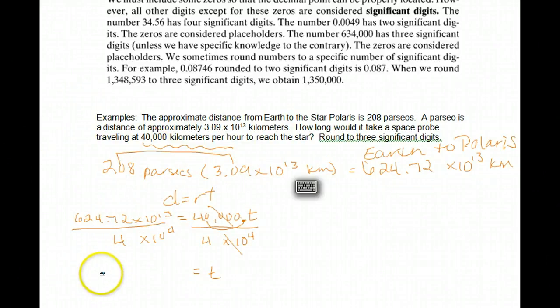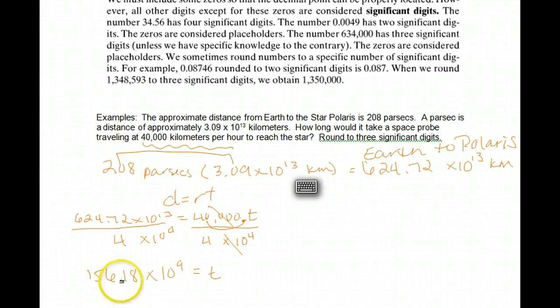Okay, as you were working through this and you did your division, you should have had 156.18 times 10 to the 9th power. However, this is not in scientific notation, and the reason being is that we can't leave it as 156 point.